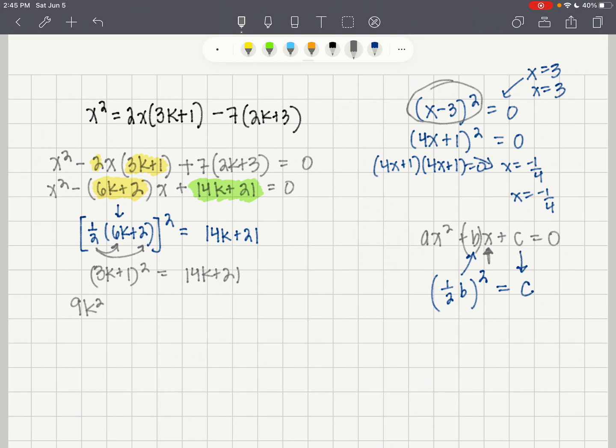That's 9k² + 6k + 1 when we expand it, equals 14k + 21. I'm going to solve this by subtracting 14k from both sides, subtracting 21 from both sides, and now I'm going to try and factor this trinomial. I'm going to go with 3k and 3k.